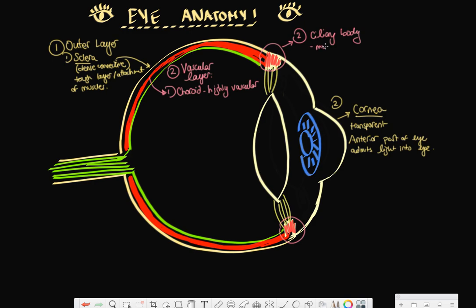So it's a muscular layer that surrounds the lens, and it's able to control the shape of the lens. Another function is it secretes aqueous humor, which we will also talk about shortly.